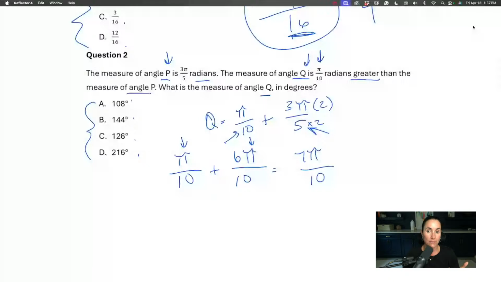Okay, well, now I'm looking at my answer choices and I'm like, oh my goodness, what do I do here? And whenever we want to find the measure in degrees, we are going to multiply this by 180 over pi.